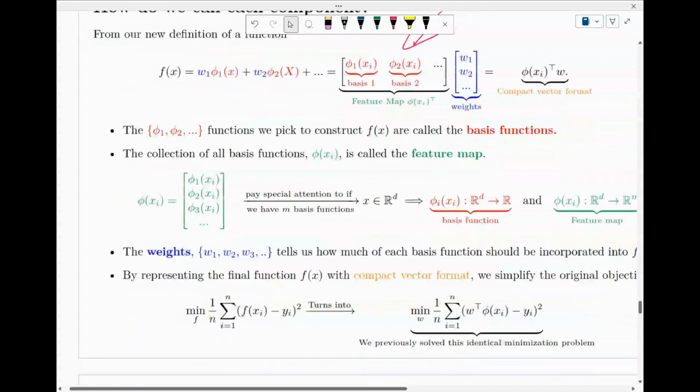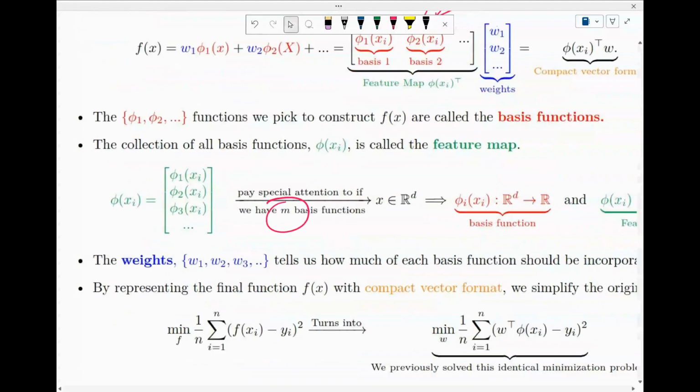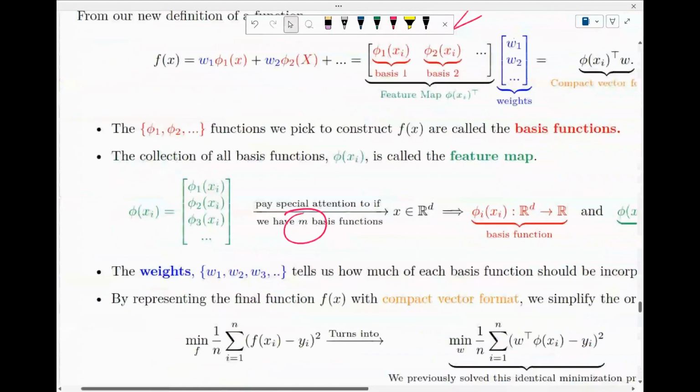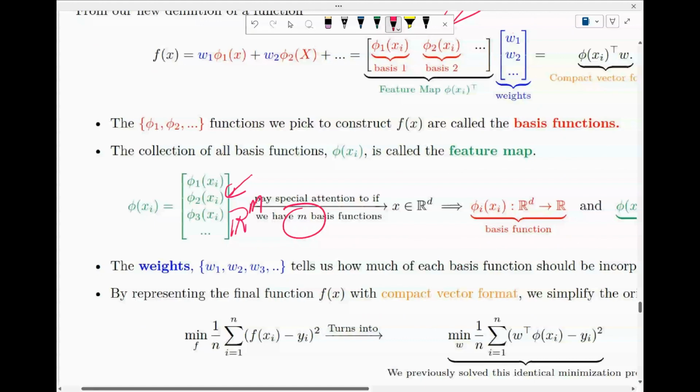The feature map is a vector such that you put the sample into every basis function. So if you have m basis functions, then the dimension of this will be m.